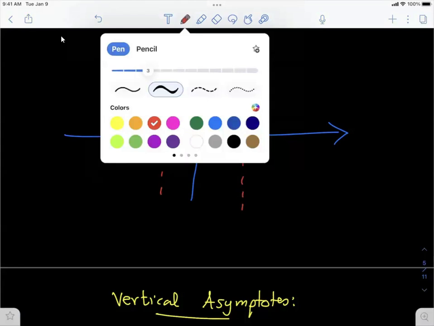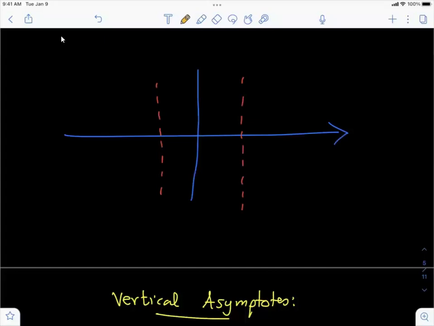These undefined points could occur in a few different ways. One could be exactly these kinds of infinite jumps, and this kind of situation is called a vertical asymptote. These two vertical red dotted lines are called vertical asymptotes.